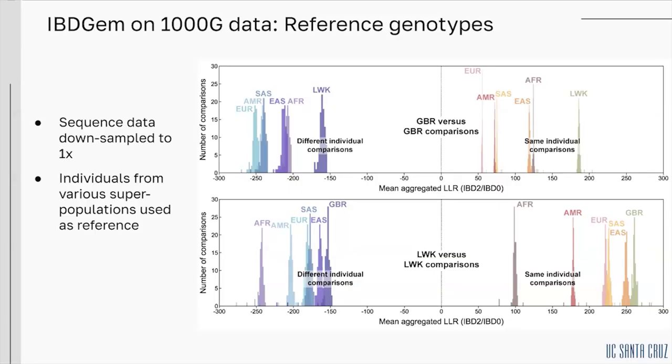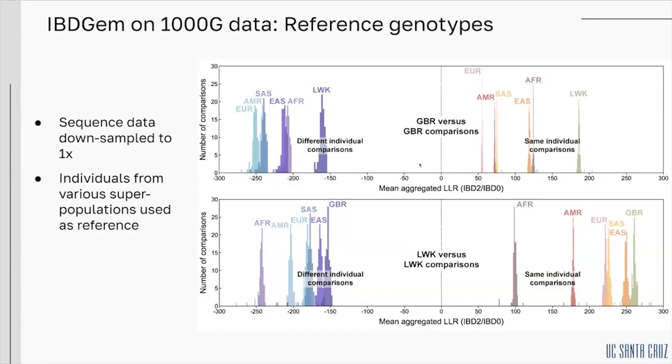Here, to test the sensitivity of IBD-GEM to the genotypes from specific populations, I instead used genotypes from 5 different populations to model the background. In particular, it's the African, American, East Asian, South Asian, and European populations, and then I repeated the comparisons for the GBR and the LWK panels.